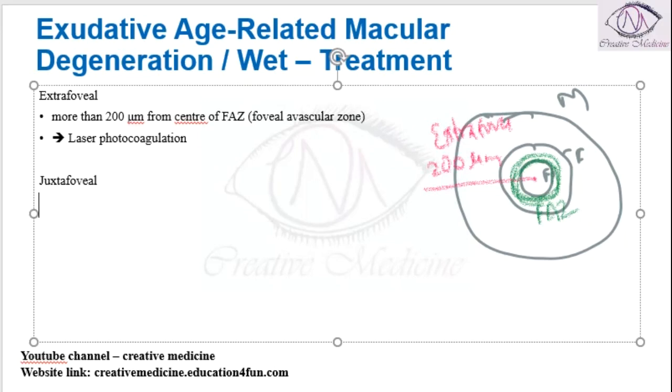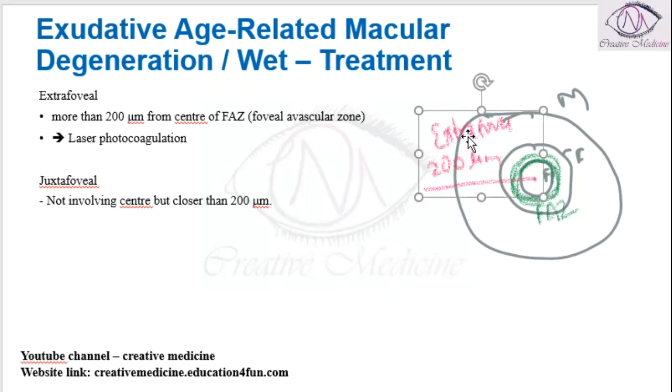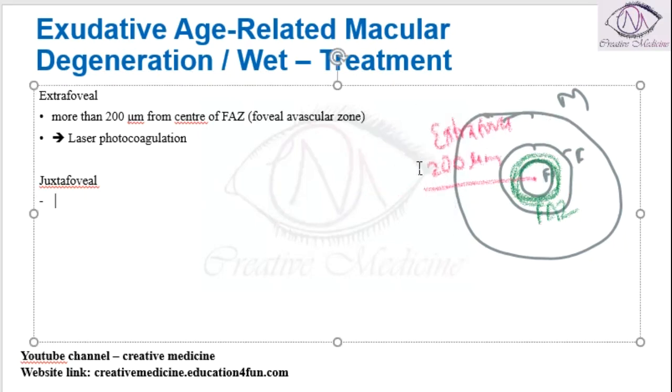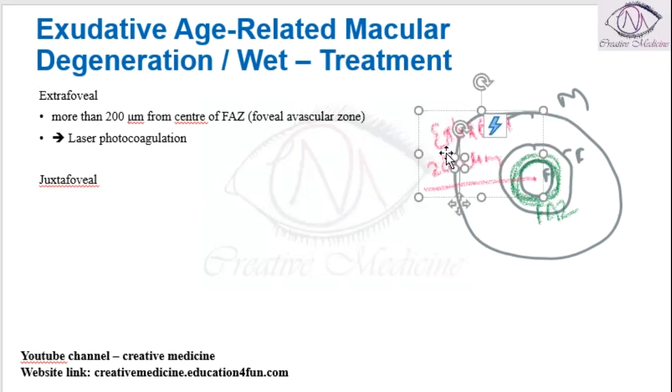Then we have the juxtafoveal region. The juxtafoveal region is not involving the center, but it is closer than 200 micrometers. Actually, sorry, if you see this part, here, when do you call this extrafoveal?